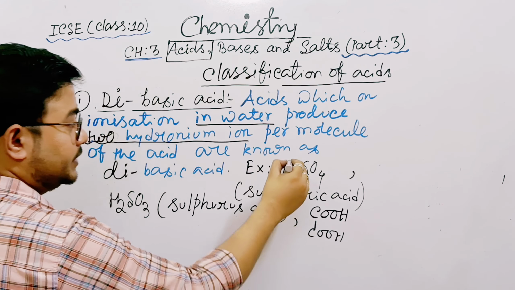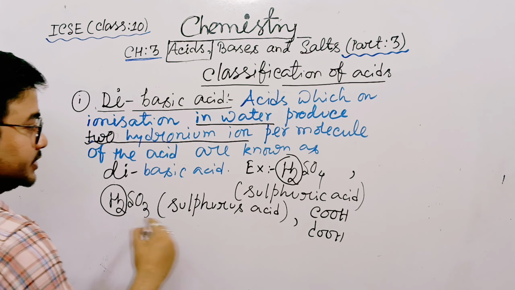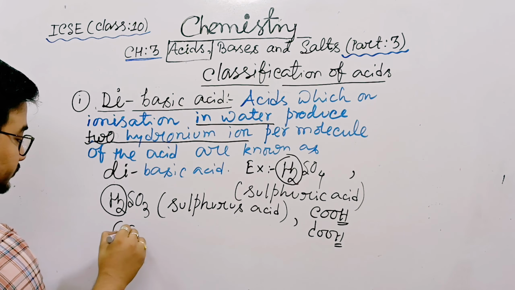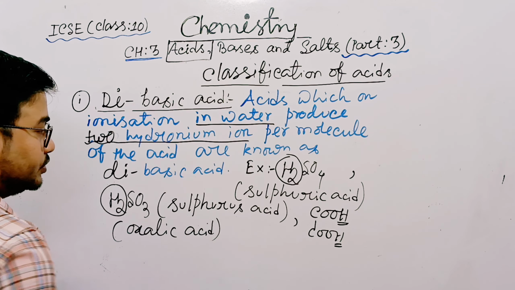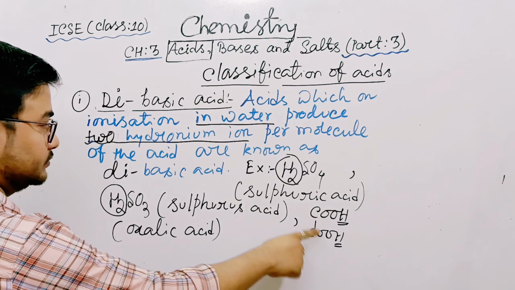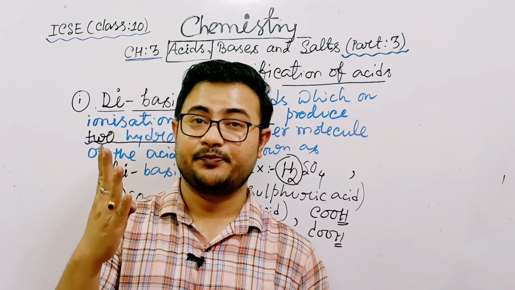See, sulfuric acid has 2 hydrogens, sulfurous acid 2 hydrogens, oxalic acid also 2. These are 3 examples. Okay, can you give another example?